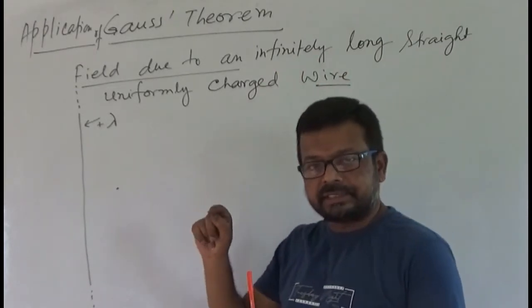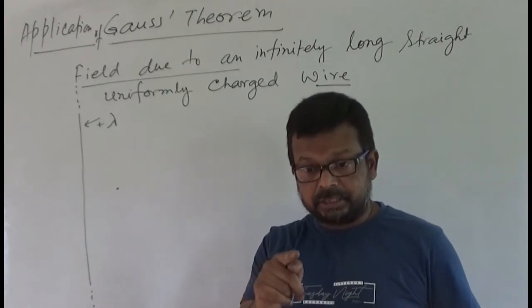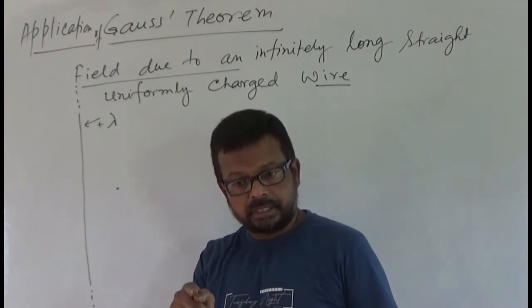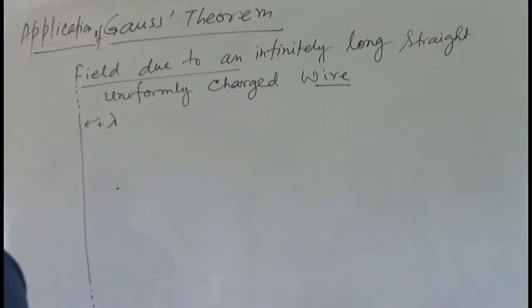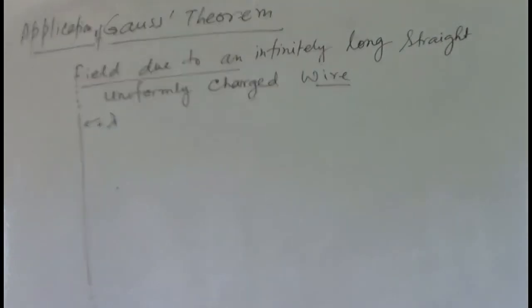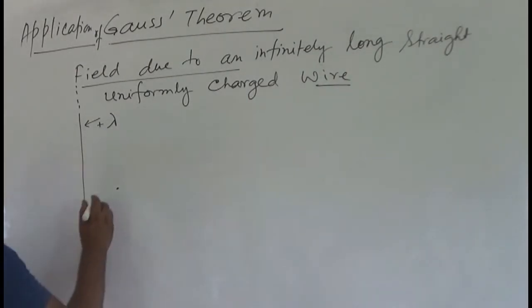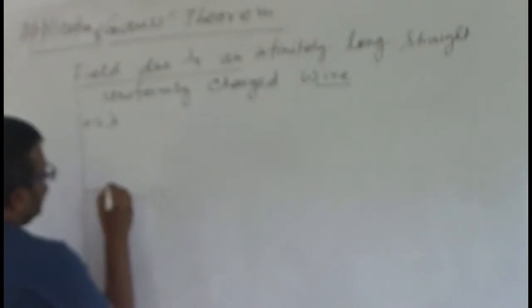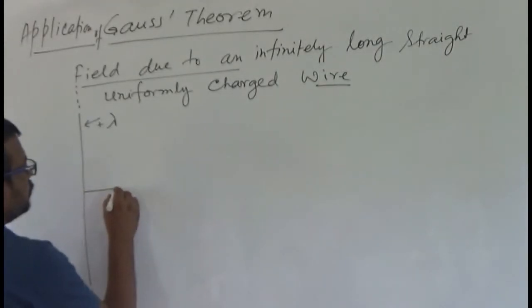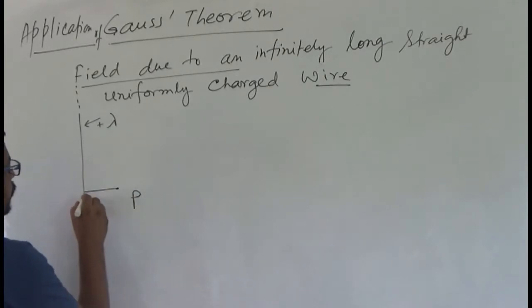then we can say that this is the symmetry, right? Then we can say at each and every point the field lines are away from the wire, and the electric field only depends on the distance r from the wire. Let us see. We have to find out the field at point P which is at a distance r from the wire.